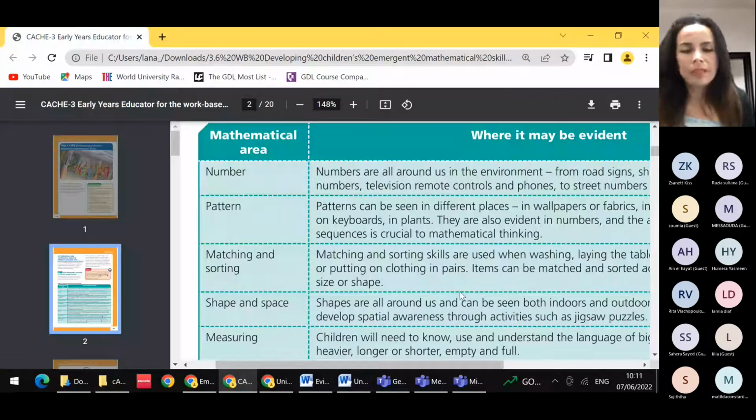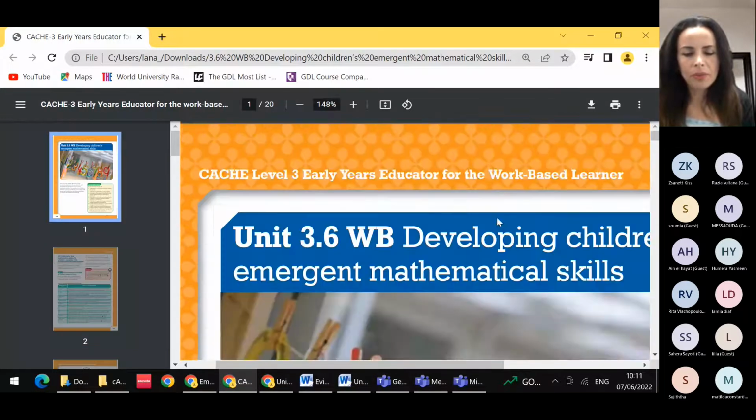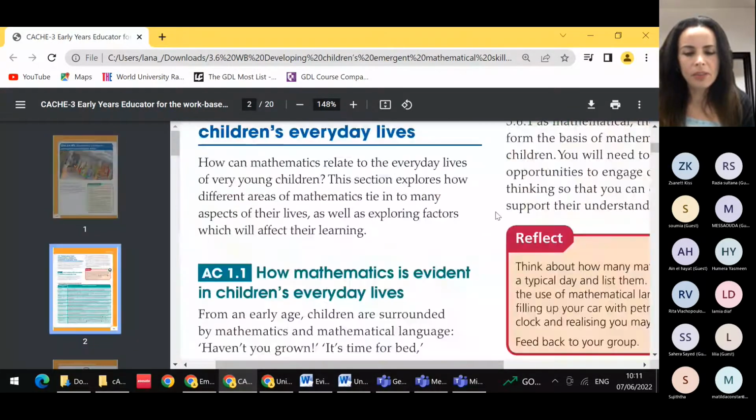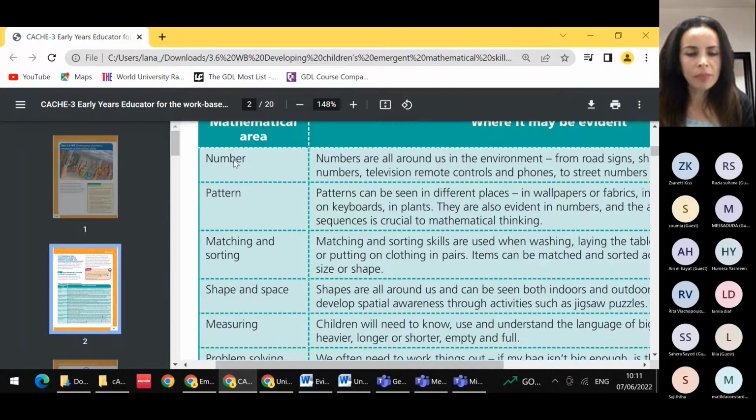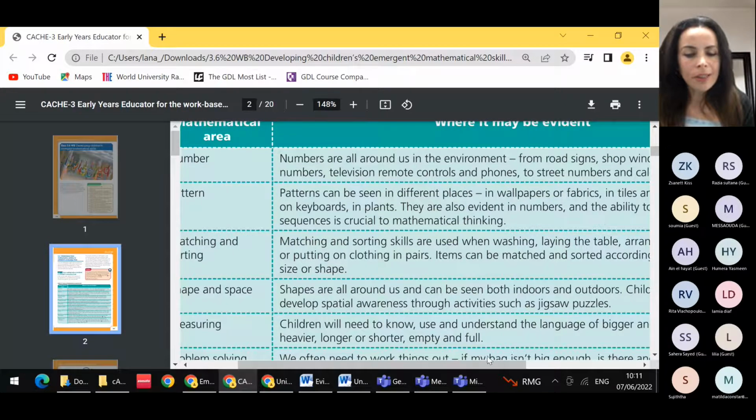So this I'm just reading from the book now. If you go a little bit further, it says here, areas of mathematics in everyday life. First of all, we use it as number. Numbers are all around us in the environment.